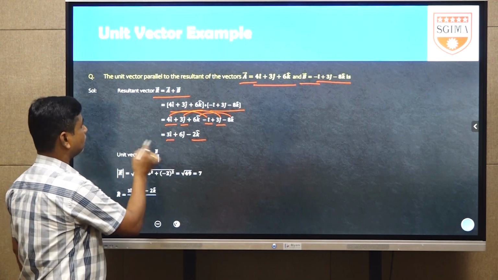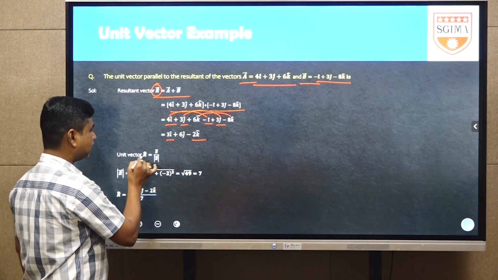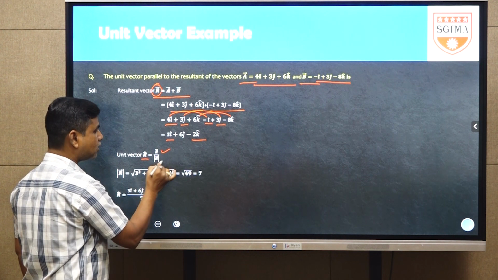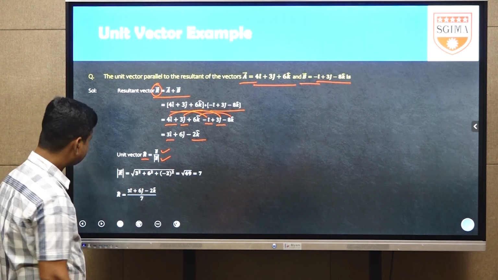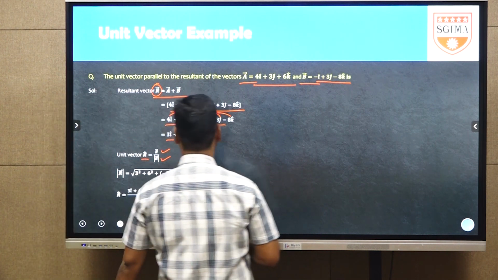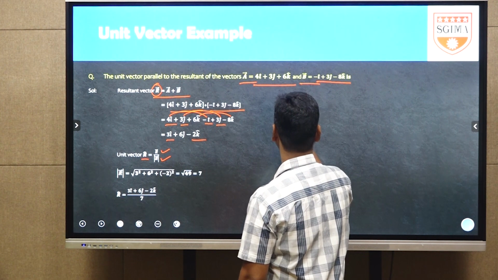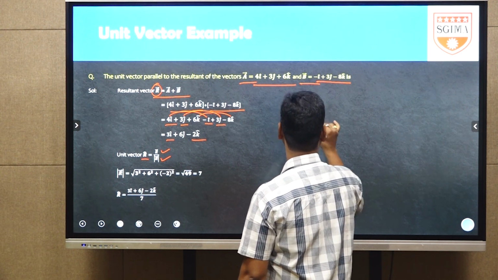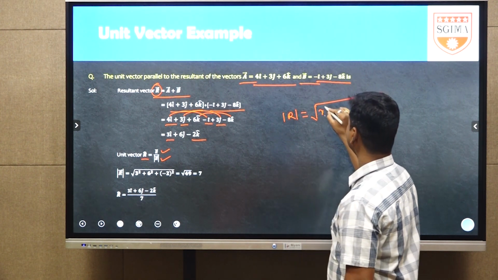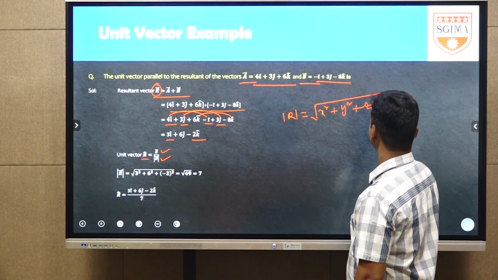Then what is the unit vector for that? The resultant vector is r bar, so r cap equals r bar by modulus of r. First, find the magnitude of r. The general formula is magnitude of r equals under root x square plus y square plus z square.